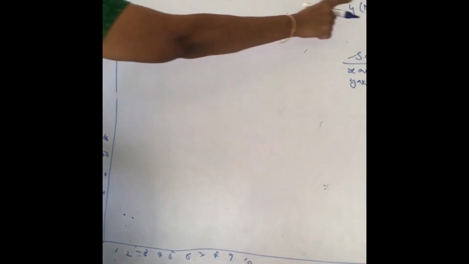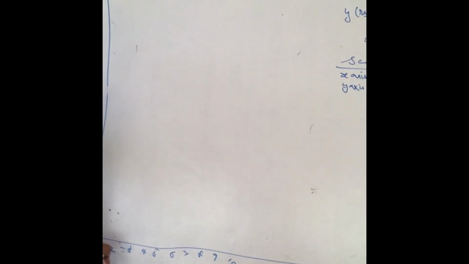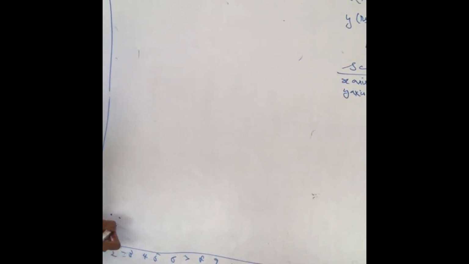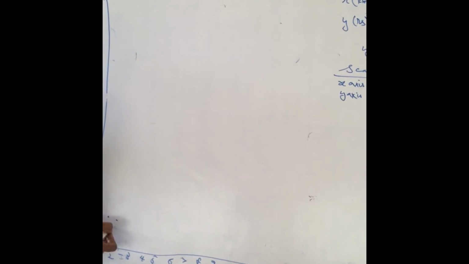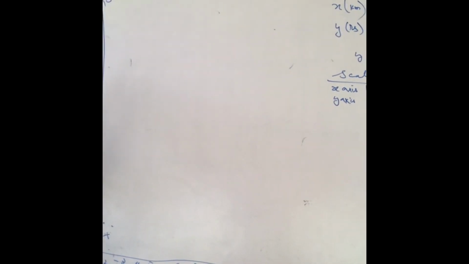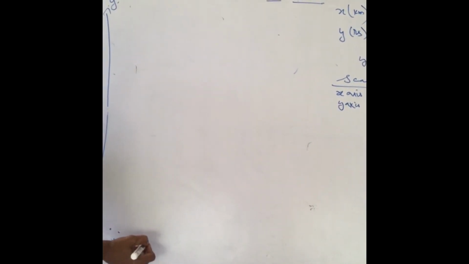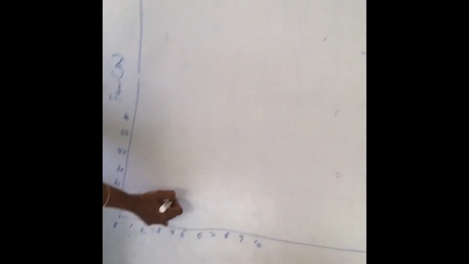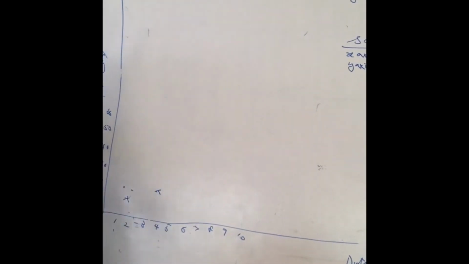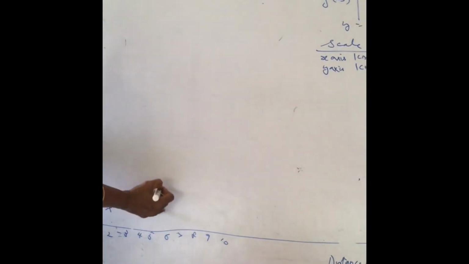Plot the first pair, children. 2 and 13. On the x-axis 2 and y-axis 13. After 10, children, count 3 lines. 4 and 23. 4 on the x-axis, 23 on the y-axis. Yes, 5 and 28.